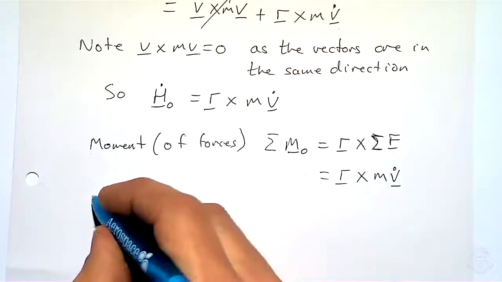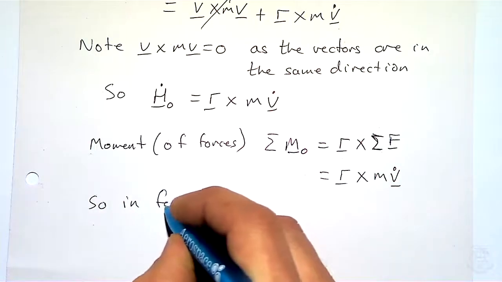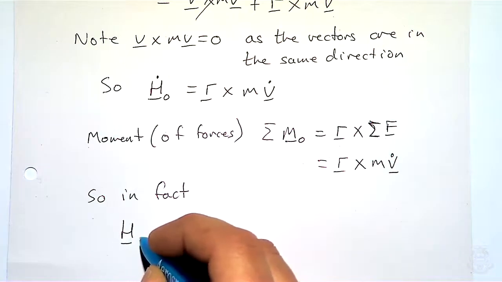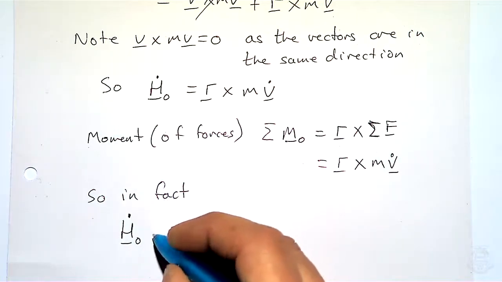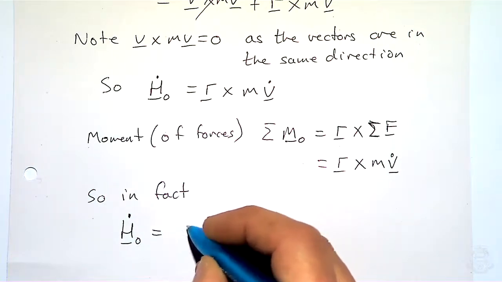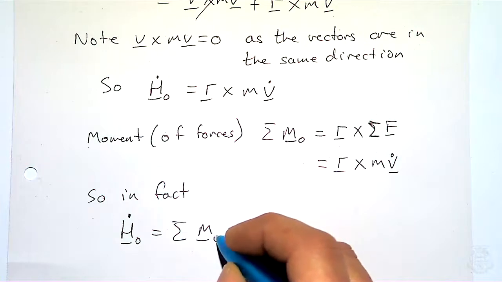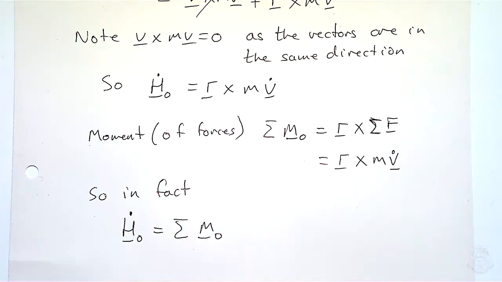So in fact, this rate of change of the angular momentum, h dot, is actually equal to the sum of this moment M0.